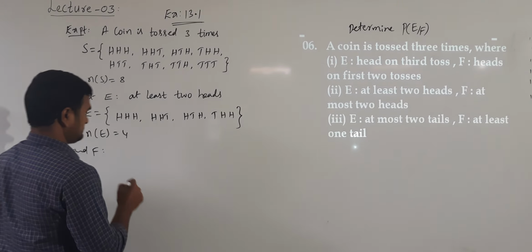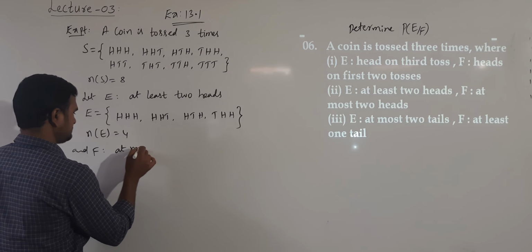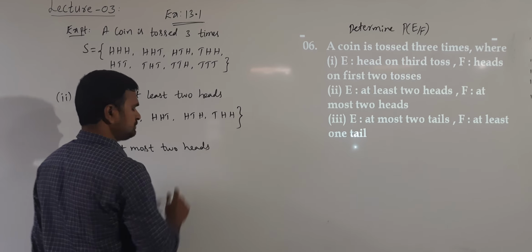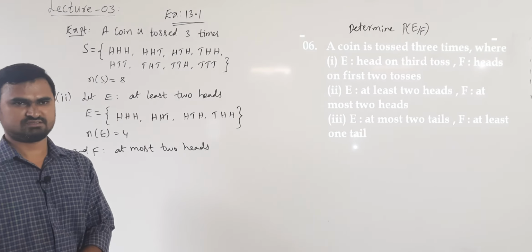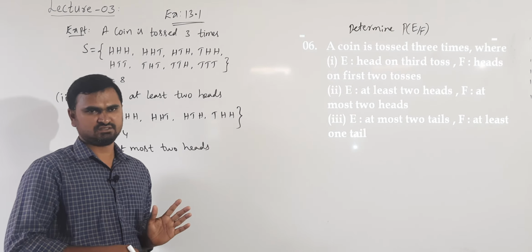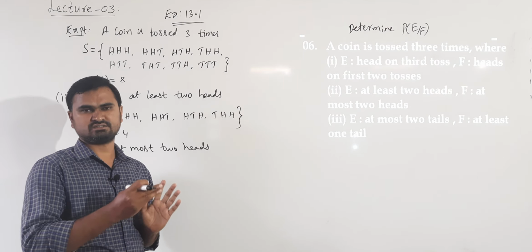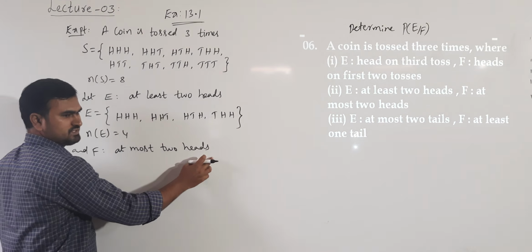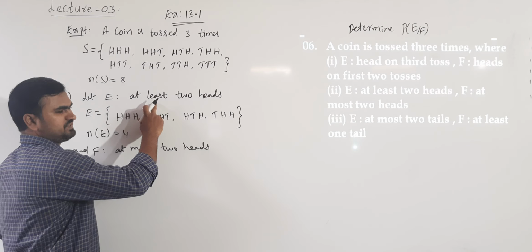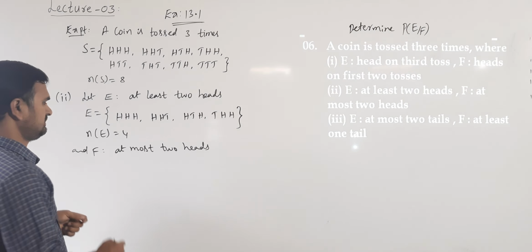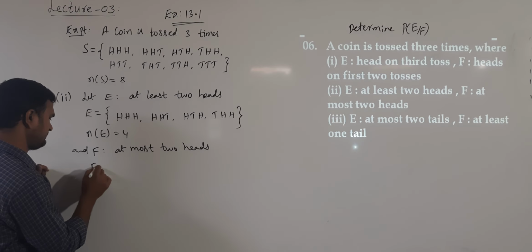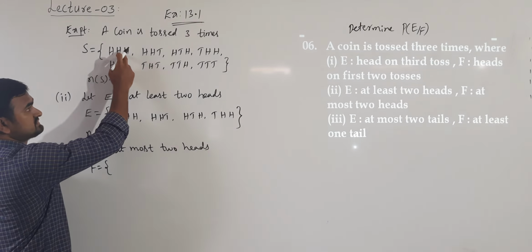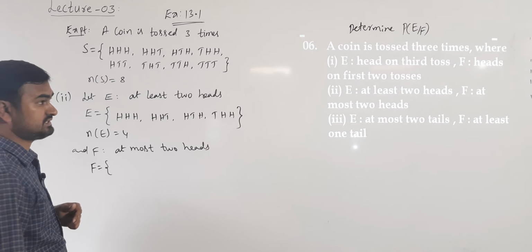At most 2 heads, getting at most 2 heads. At most 2 heads means maximum 2 heads. So 2 or less. 2 or less means we can take 2 heads or 1 head or 0 heads. Understanding? So at most 2 means 2 or less, at least 2 means 2 or more. So getting at most 2 heads, what will be the elements of F I can write? We cannot take HHH, we have 3 heads.